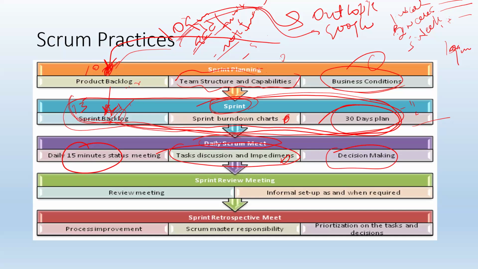This is where the Scrum Master comes in. He will look into all those issues. So the role of the Scrum Master is to remove impediments among the Scrum team. That's what happens in the Scrum meeting.